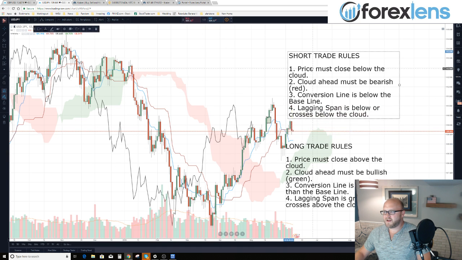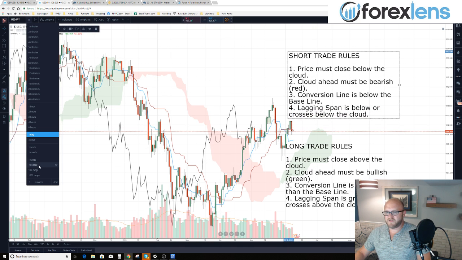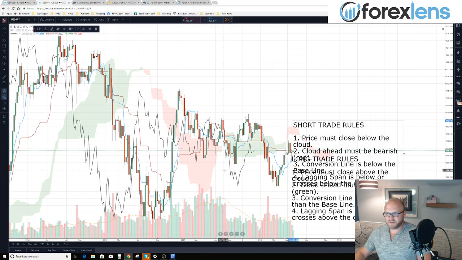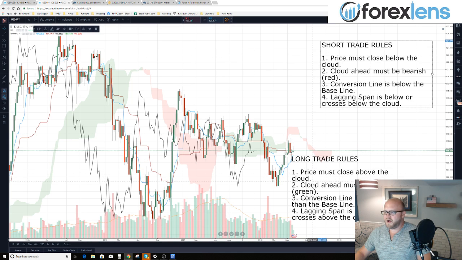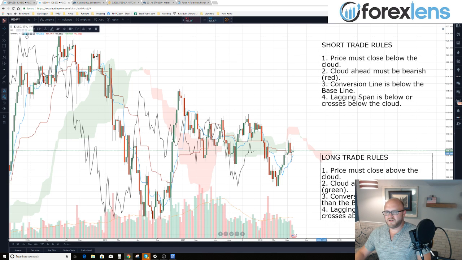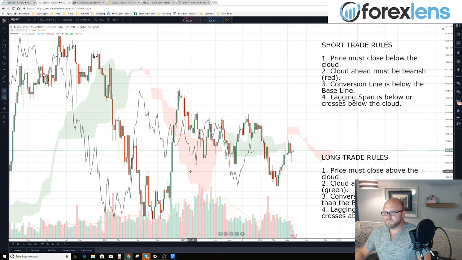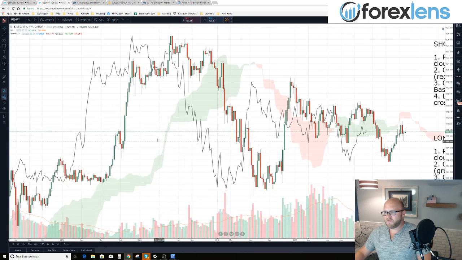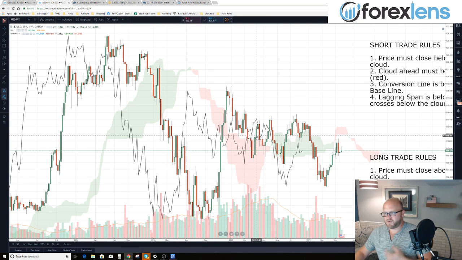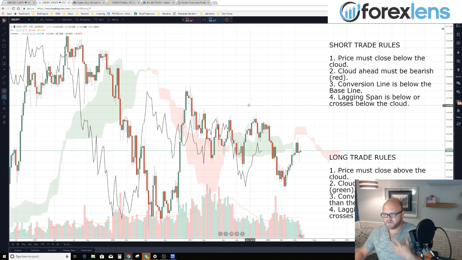But I'll tell you that one little trick where you can violate the rules is on a weekly chart. Okay? On a weekly chart, often all you need in the Ichimoku system is just the lagging span and the cloud, because things are not often very sporadic, and nor do they move a crap ton like they do on shorter time frames.